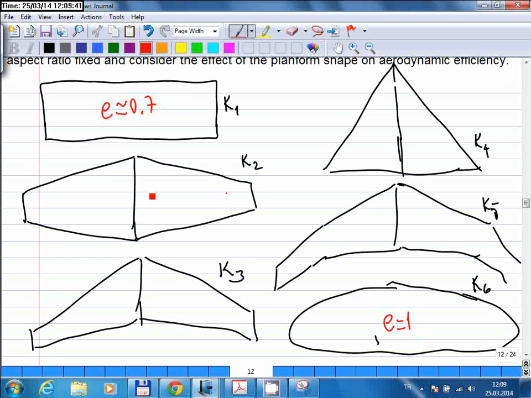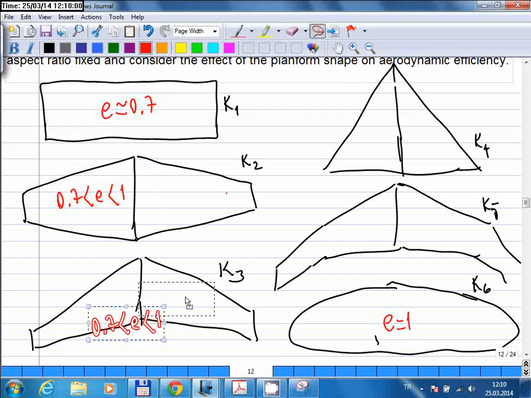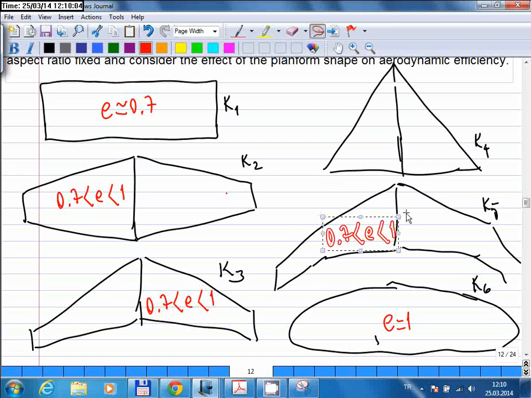It is better than rectangular, but worse than the elliptical. So for this one, E should be between them: 0.7 is less than E, which is less than 1. You can say the same for all the other designs as well.